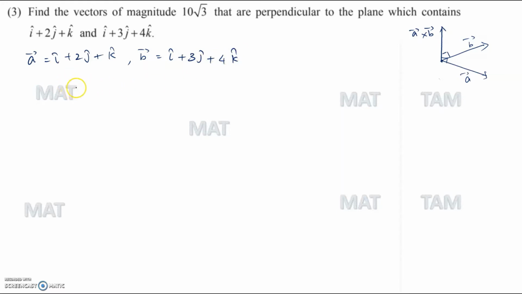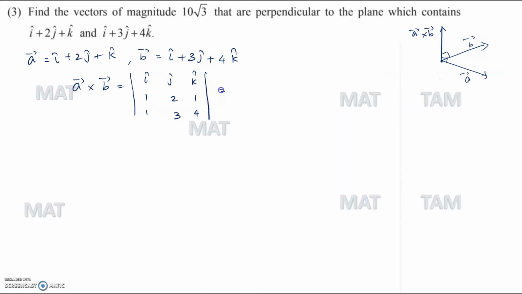So vector A, vector product with B, will be perpendicular to these two vectors. So that is given by the determinant i cap, j cap, k cap, 1, 2, 1, 1, 3 and 4. A1, A2, A3 here, and B1, B2, B3 here.